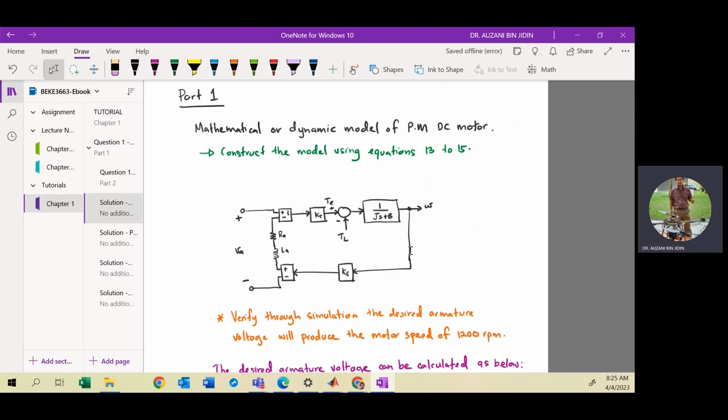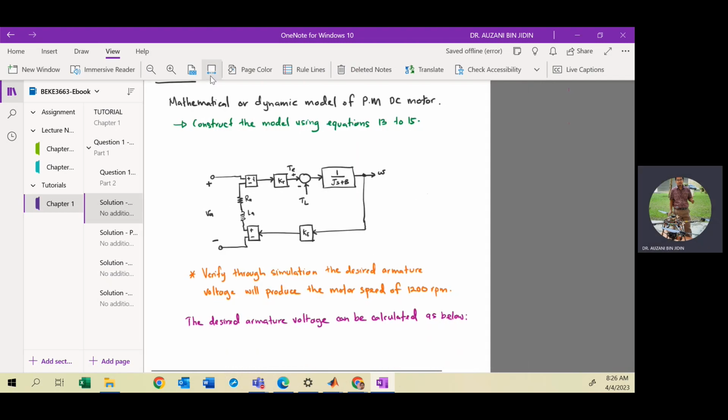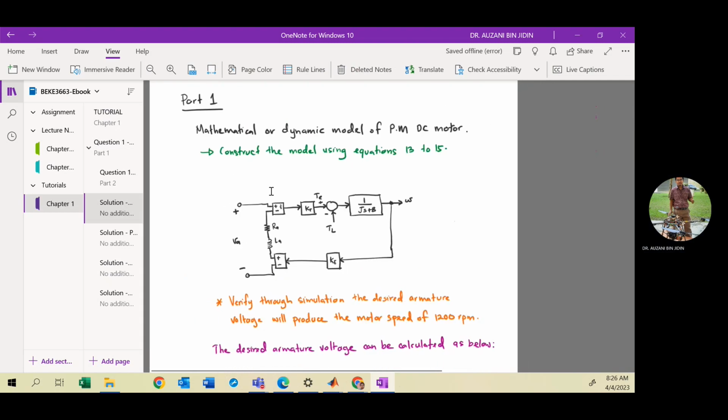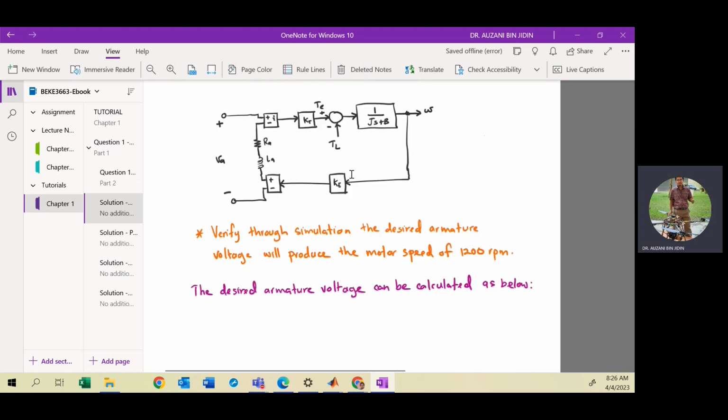This one we have discussed in class. You need to apply suitable symbolic blocks in order to construct the model. Actually, this model can be constructed using the equations that we have discussed in class.